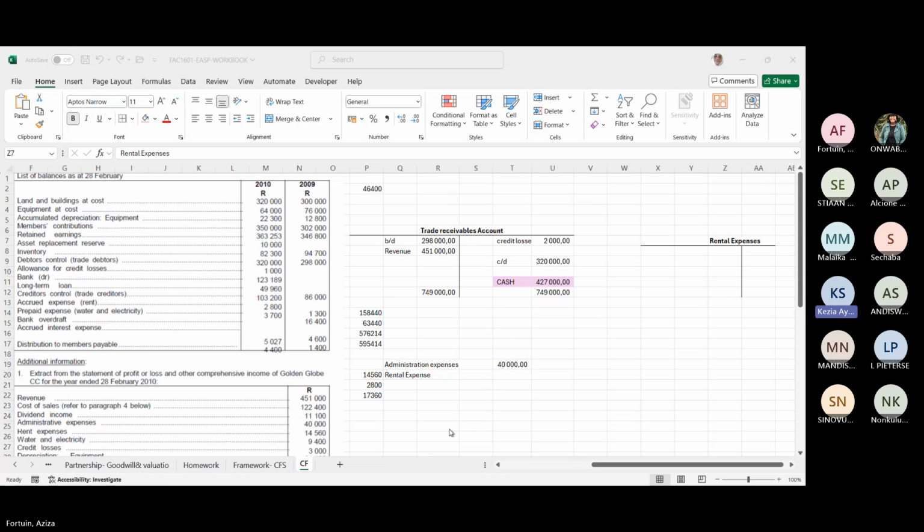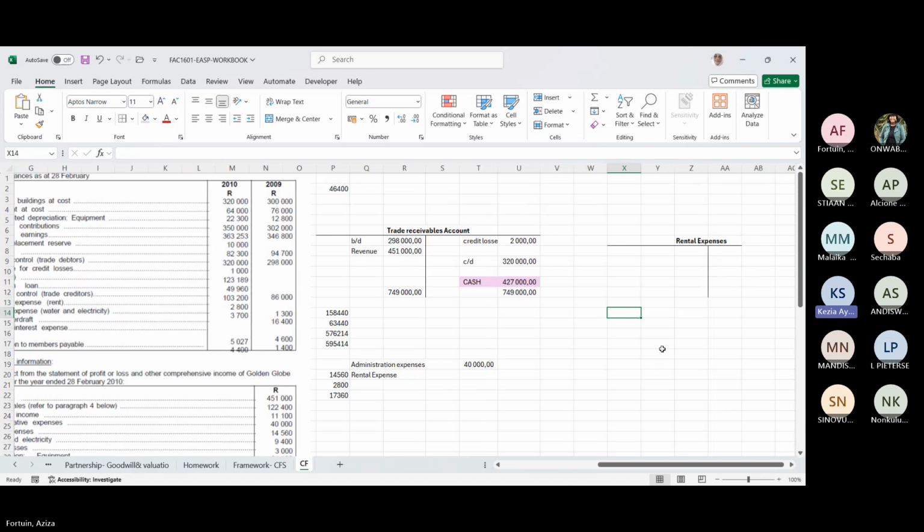How does everyone feel about it? I feel that it's easier to work with your T accounts. Yes, I also like the way you are doing it, but this study guide is really confusing me. So when you give a question for us to do, I go to my study guide and then you show a better way. I'm going to look for one in the study guide after this and we can just preach it.